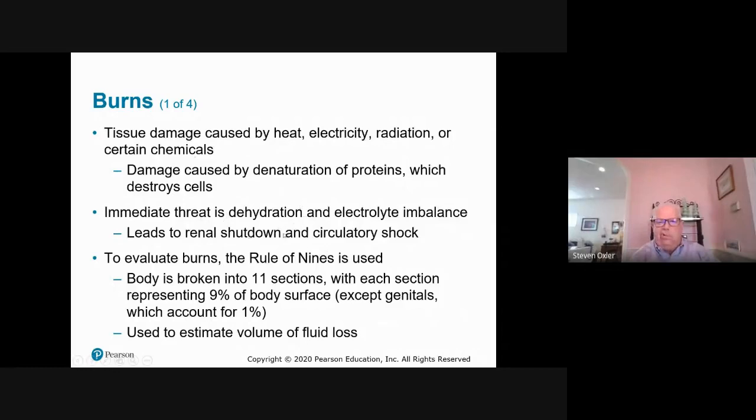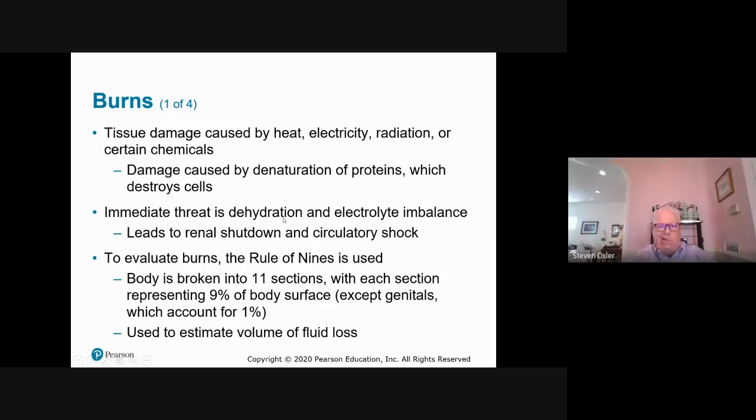And when you lose water, you lose sodium, chloride, potassium, magnesium, all the electrolytes. When you get dehydrated and lose these electrolytes, you go into shock and your kidneys shut down. So that's the immediate threat. So the immediate treatment of a burn is to give them fluids and electrolytes.